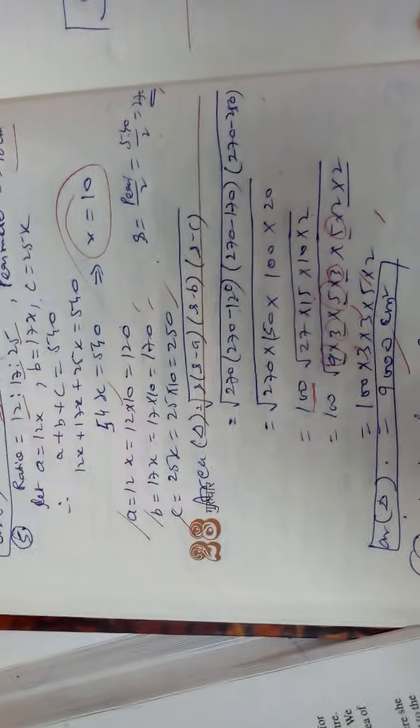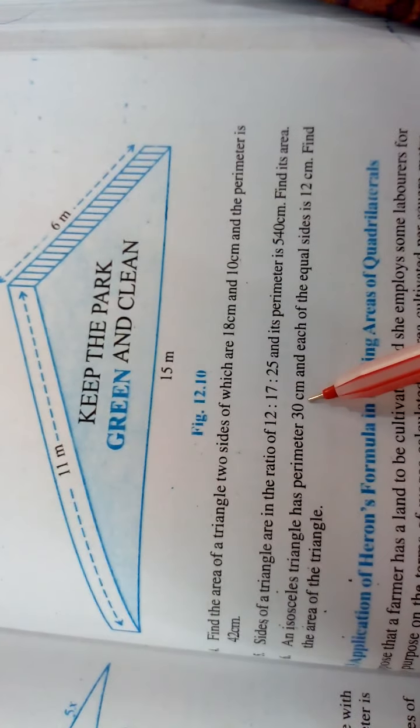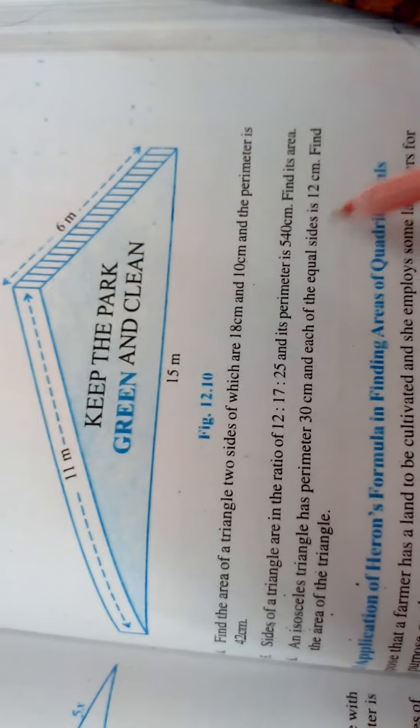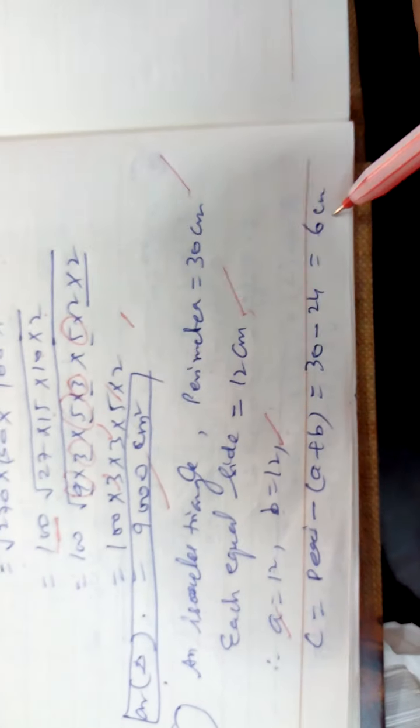Last question of this exercise is given. An isosceles triangle has a 30 centimeter perimeter and equal sides of 12 and 12. Find the area. Isosceles triangle, the perimeter is given, each equal side is 12, that means two sides are 12. The third side is 6.